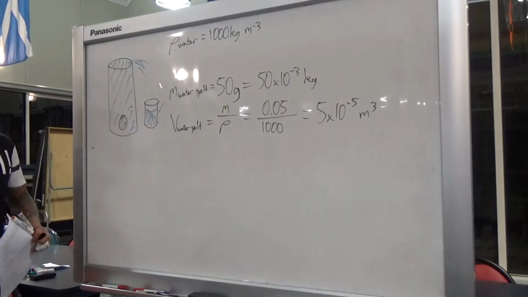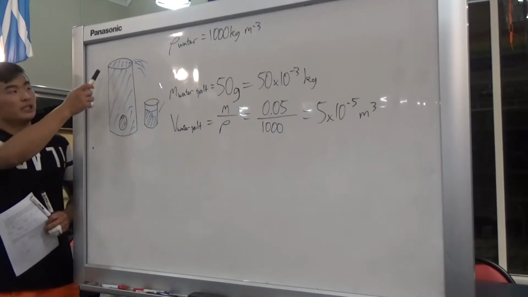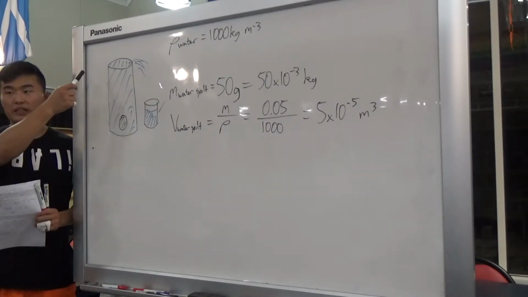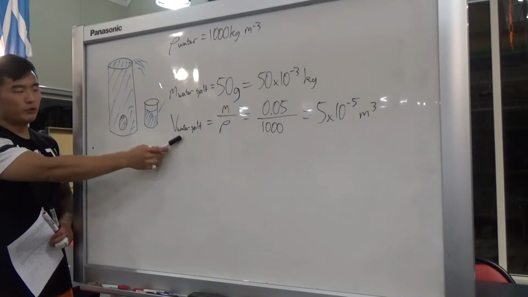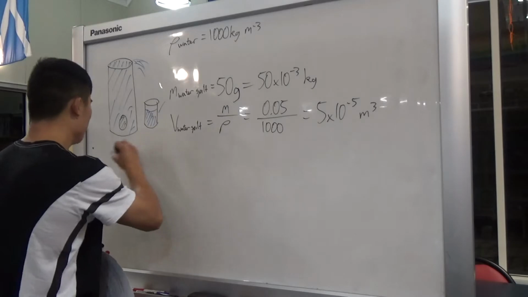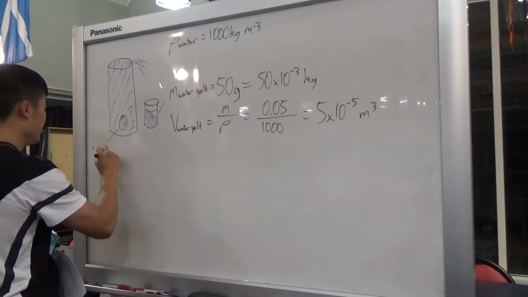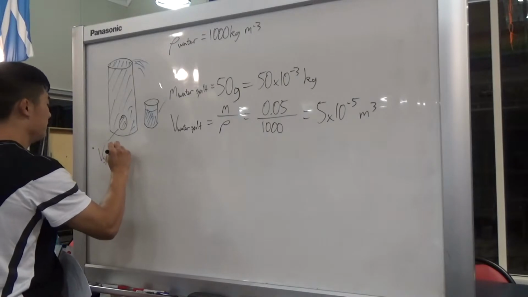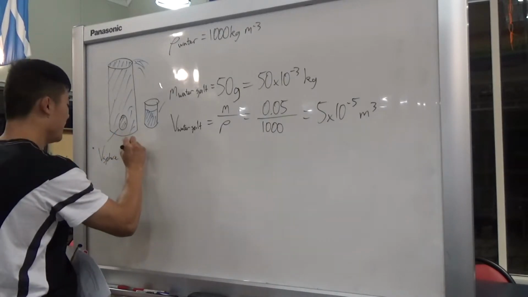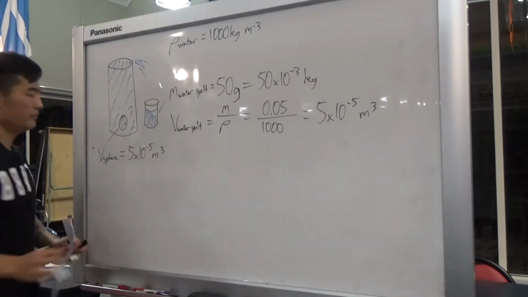So that's the volume of water that has been spilt. And because our beaker was filled to the brim, this must be equal to the volume of the sphere. So now we know the volume of the sphere. So the volume of the sphere is equal to 5 times 10 to the negative 5 meters cubed.